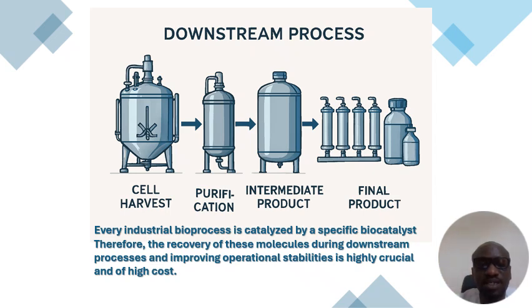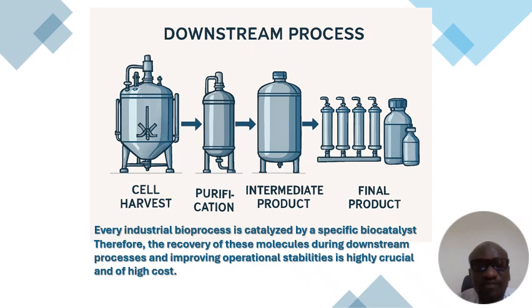So this is a diagram showing us an industrial process beginning from the harvesting of cells to the final product. Every industrial bioprocess is usually catalyzed by specific enzymes.